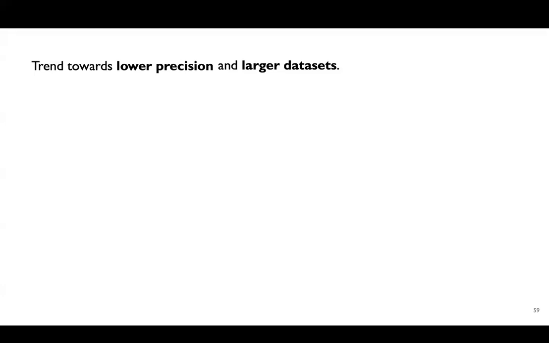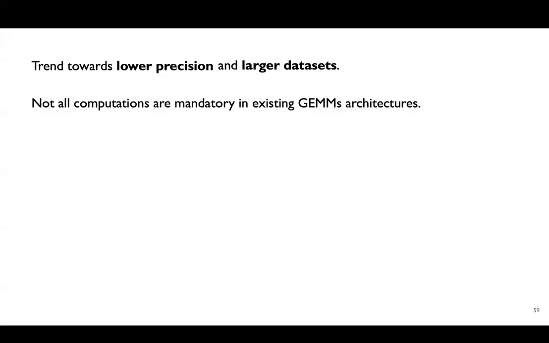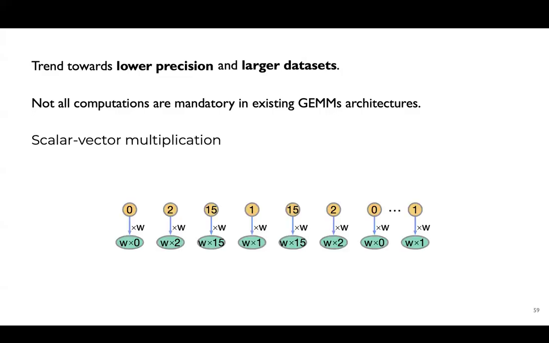Additionally, in batch processing scenarios, many data are readily available for processing simultaneously. So given this trend towards lower precision and larger batch size, we identified that not all computations are mandatory in existing GEMM architectures. Let's look at one example of scalar vector multiplication.